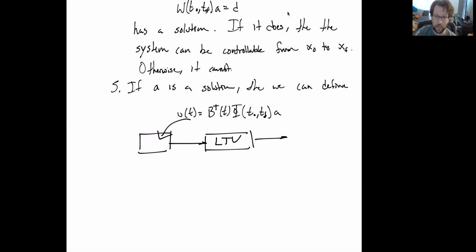Note that this is not using a feedback law. This is just what's called a feed forward control.